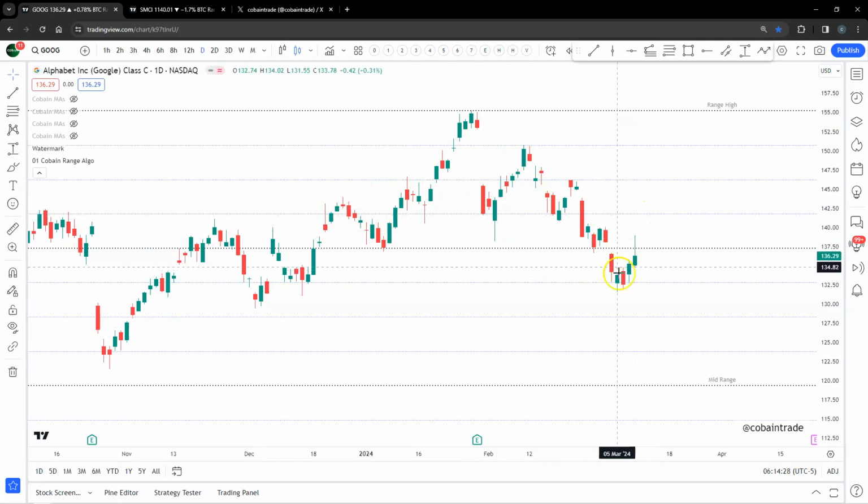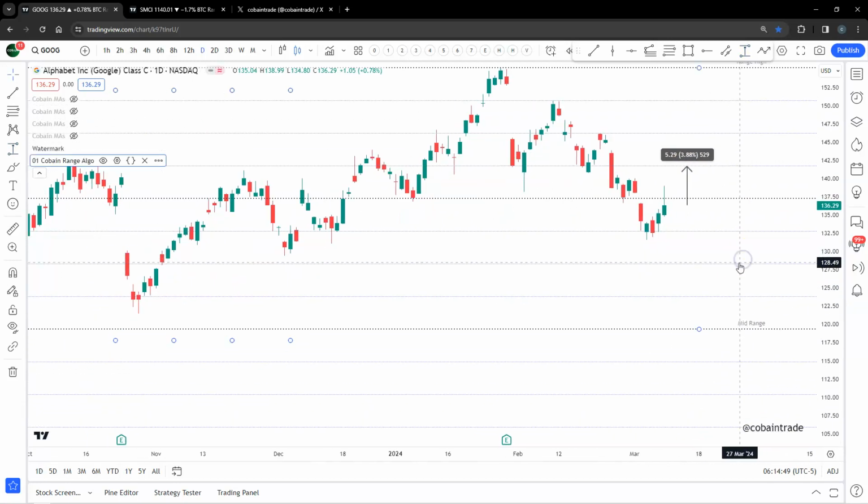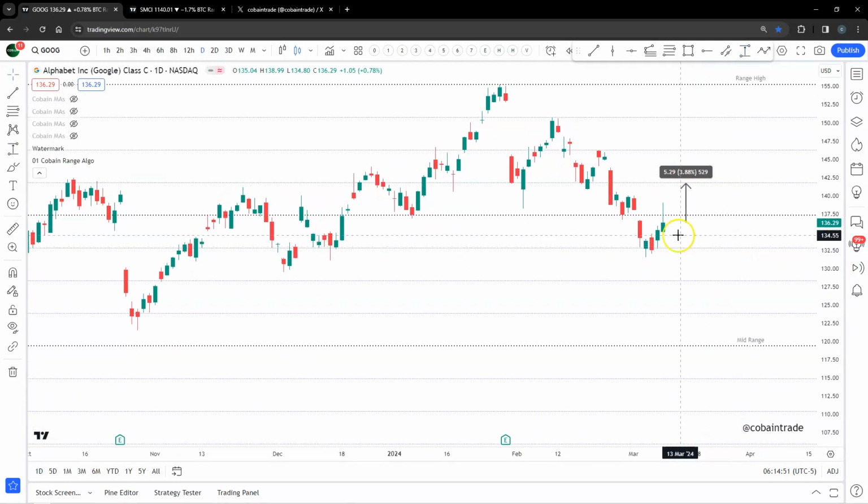It looks like we're trying to get over this area here, testing for volume to come in and maybe get up to here. So that's the trade, and that is not a bad scalp if we can get it. 3 or 4%, that's a really good potential return.